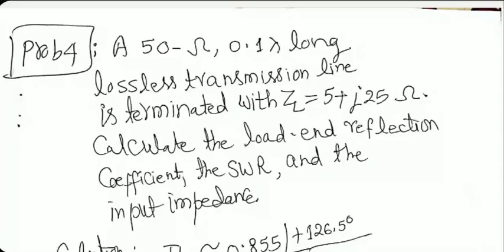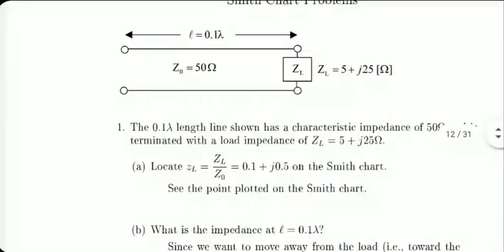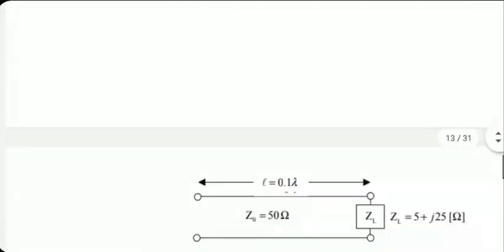It's a 50 ohm line, so the normalized load will be 5 plus j25 divided by 50, which will be 0.1 plus j0.5. No units. So we mark that. Solution is here. Yeah, 0.1 plus j0.5.